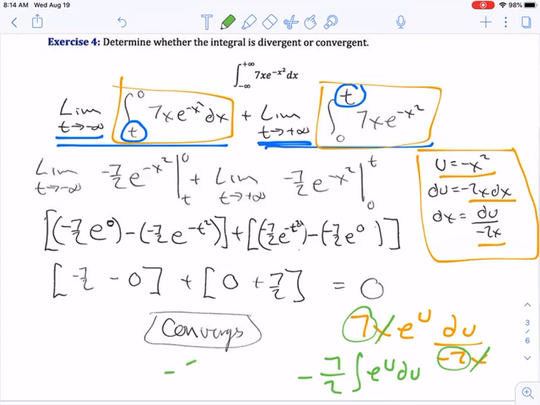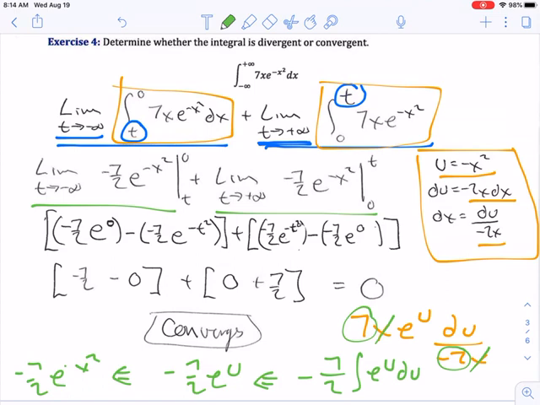So we end up with negative 7 halves e to the u, which replacing the u, I'm going backwards now, is negative 7 halves e to the negative x squared. We're going to the left here. And so that's what we've got right here and right there. But again, you should be able to do that u substitution with no problem.